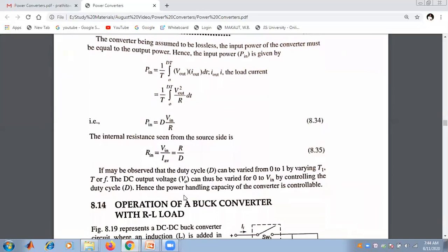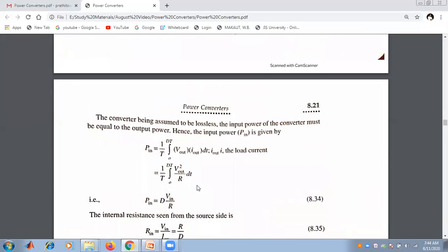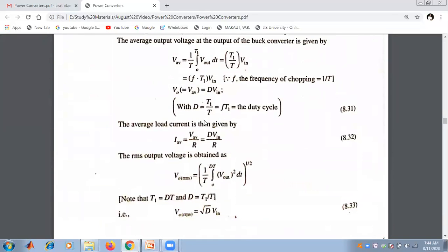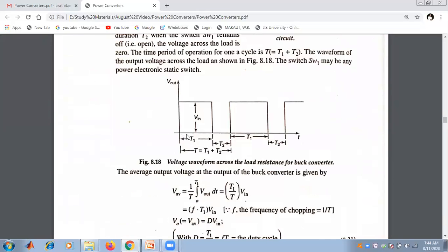So it is observed that the duty cycle D can be varied from 0 to 1 by varying T1, T or F. If I vary T1, it can go up to 1, the maximum value, or 0, the minimum value.